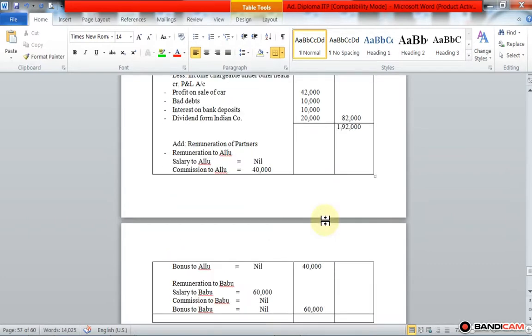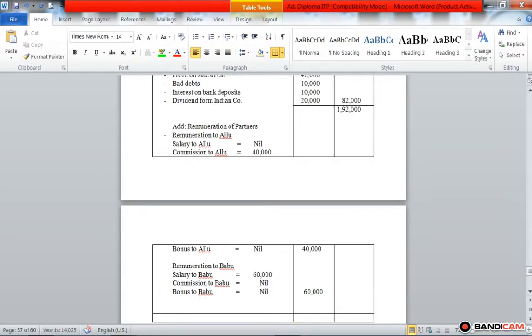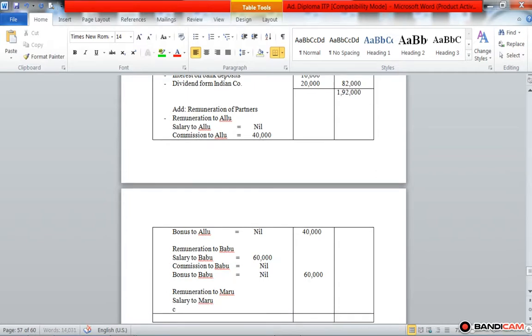Then compute the remuneration to Maru. So salary to Maru plus commission to Maru plus bonus to Maru. Commission and bonus are not given to Maru.